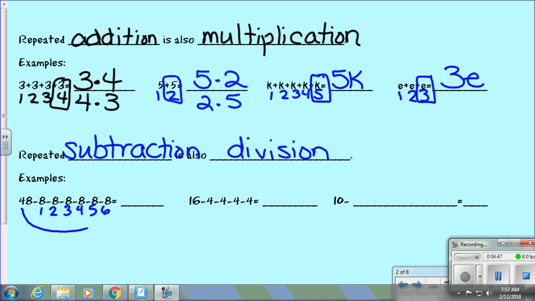And this time I'm going to connect this with this. 48 divided by 8 equals 6. So I'm going to count those fours. 1, 2, 3, 4. 16 divided by 4 equals 4.